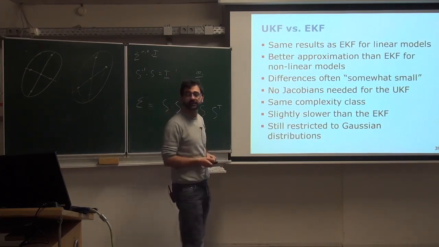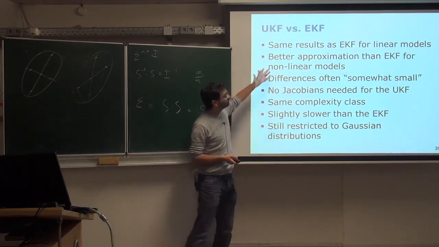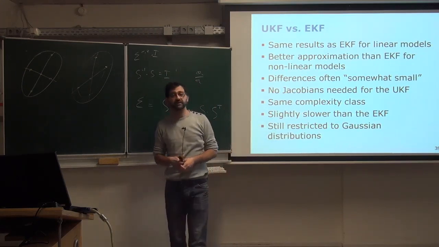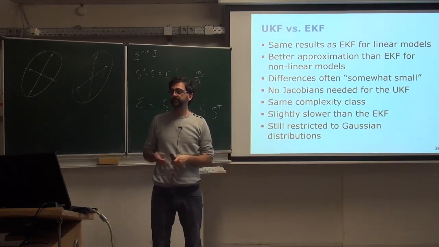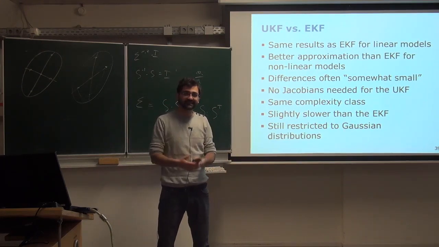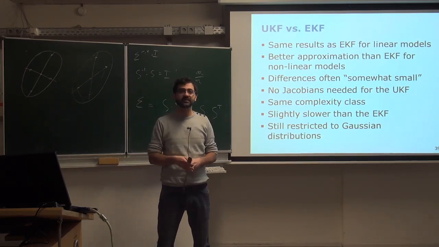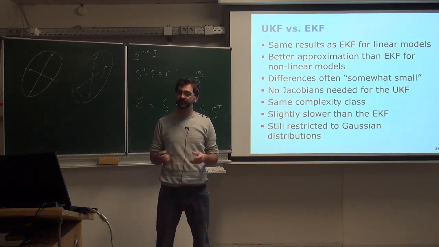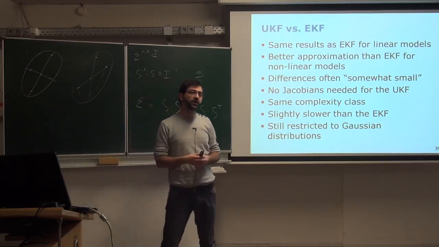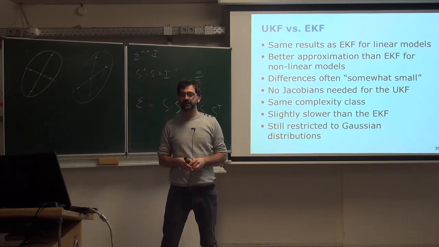So there is some, let's say, good and bad of both. If you have linear models, they perform the same. There is no real difference. They both are able to correctly compute the moments for linear functions. For nonlinear models, the UKF is better than the EKF.